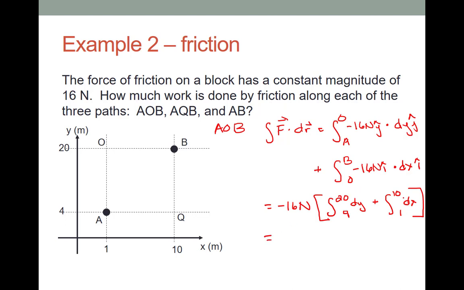The integral of dx results in x. So I'm going to end up with negative 16 newtons times y evaluated from 4 to 20 meters plus x evaluated from 1 to 10 meters. Putting in my limits and adding everything up, that works out to be negative 400 joules.